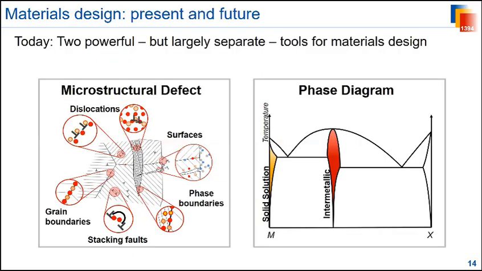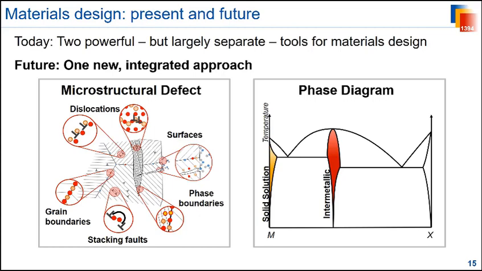So that means we'll combine two strategies which are now generally employed next to each other. On the one hand, we have the manipulation of microstructural defects like dislocations and grain boundaries. And on the other hand, we know how to control the desired phases from phase diagrams. So in the future, we'd like one new and integrated approach.